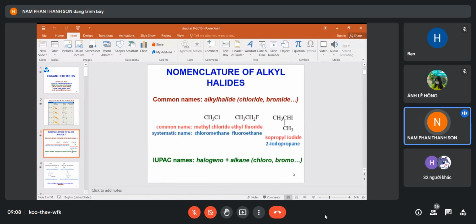For the nomenclature, the common names are called alkyl and then halide, for example, methyl chloride or ethyl fluoride. For IUPAC names, we call halogen and then alkane, for example, chloromethane, fluoroethane. Easy.